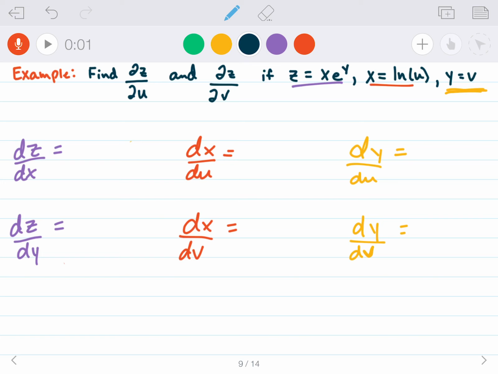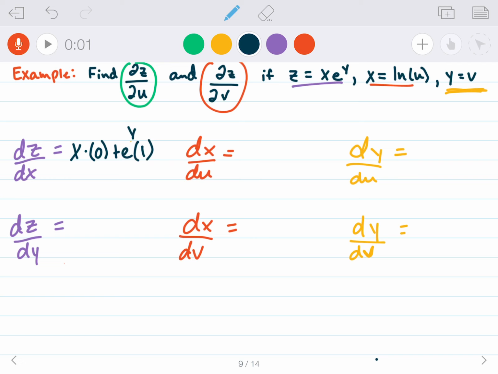So that's all the stuff that we need. Now, let's go ahead and figure out this stuff, and then we can figure out what this is and what this is. So first of all, derivative of z with respect to x. I have to use the product rule here. So keep the first times the derivative of the second, plus keep the second times the derivative of the first.